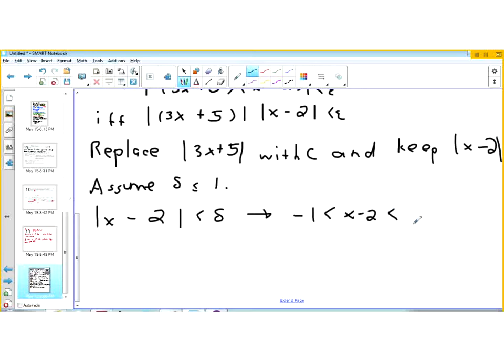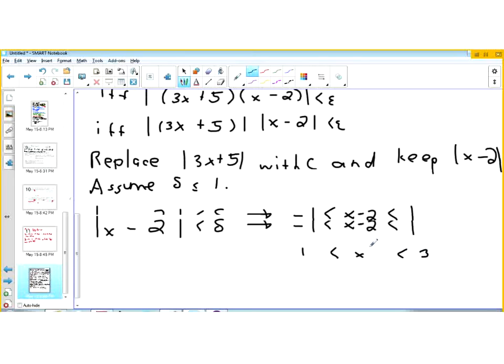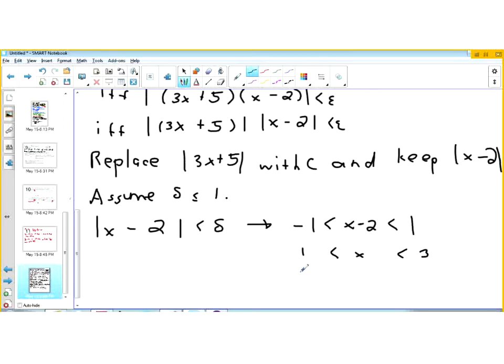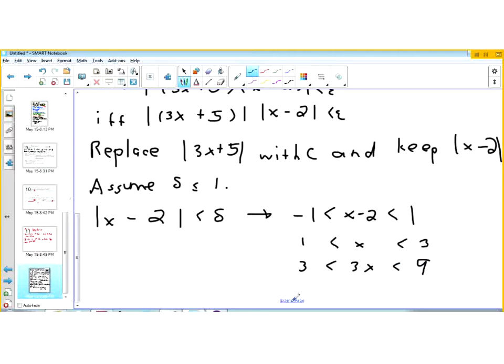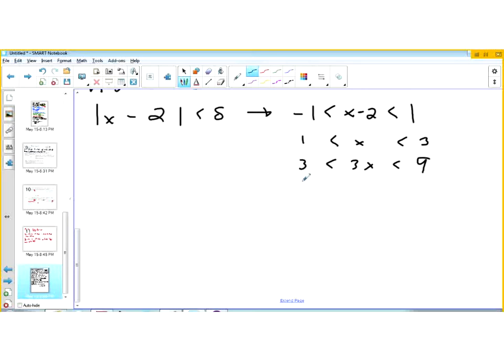Okay, so if that's the case, we have the absolute value of x minus 2 is less than delta. And so this implies that, uncoupling the absolute value, x minus 2 is wedged between -1 and 1. Okay, and so simplifying, solving for x, we have 1 less than x less than 3.